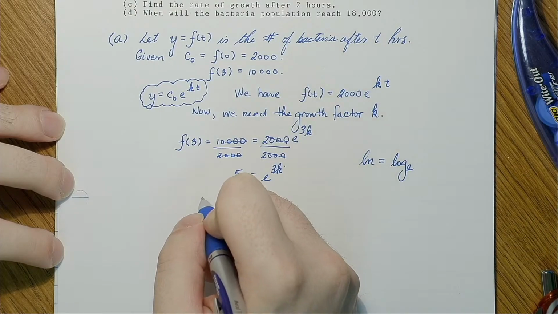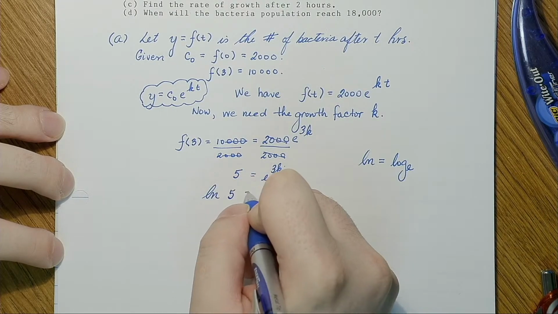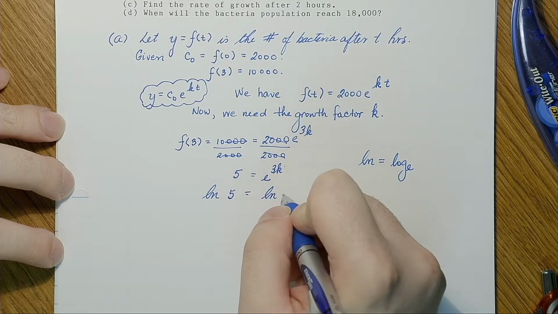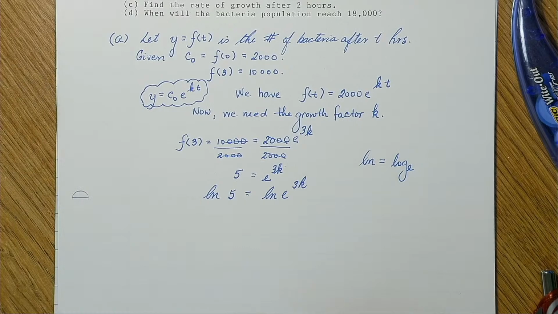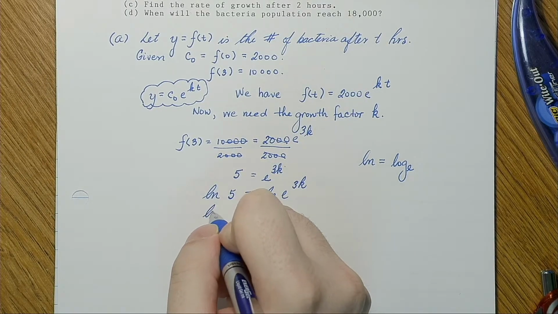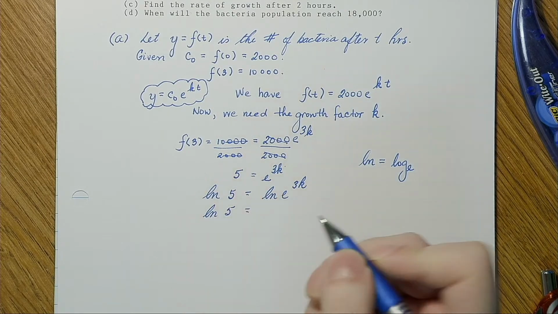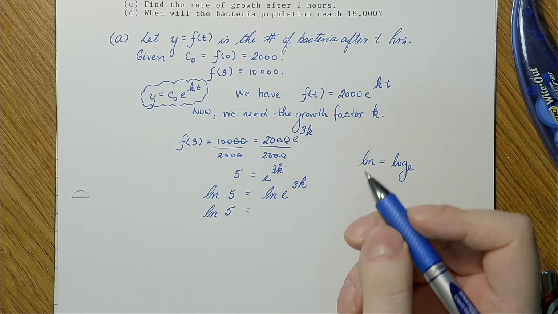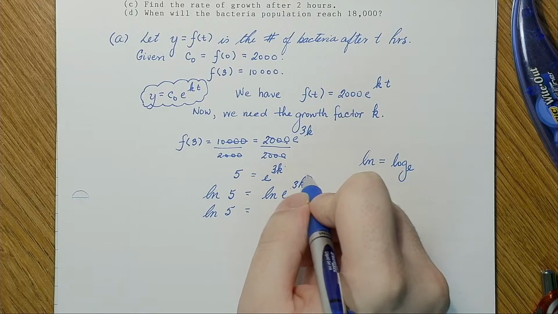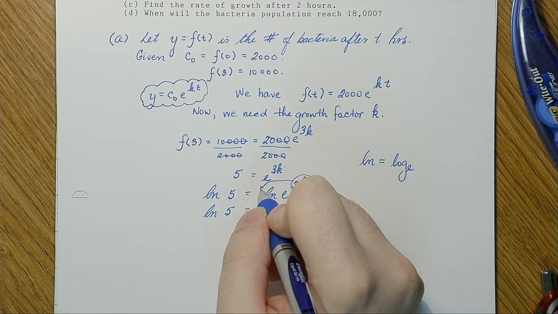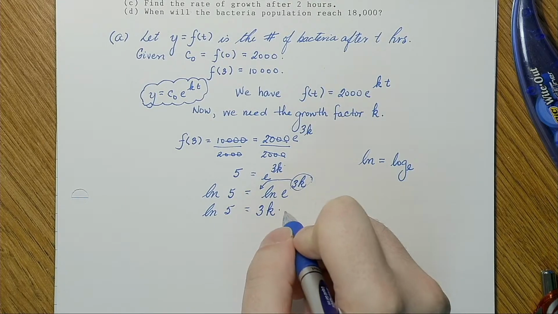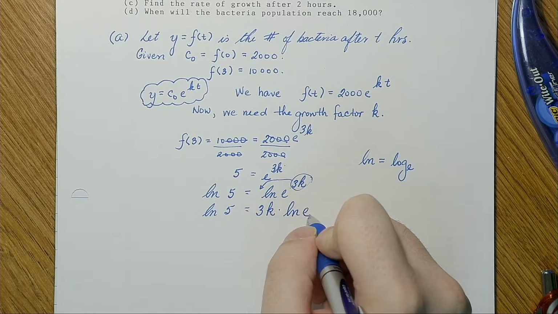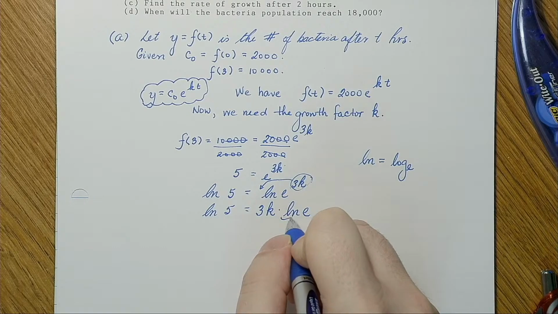So applying ln to both sides, I'm left with ln 5 is equal to, because of my rules of logarithms, I can take this right here and bring it down in front. So I have 3k times the ln of e, and we know what the ln of e is.